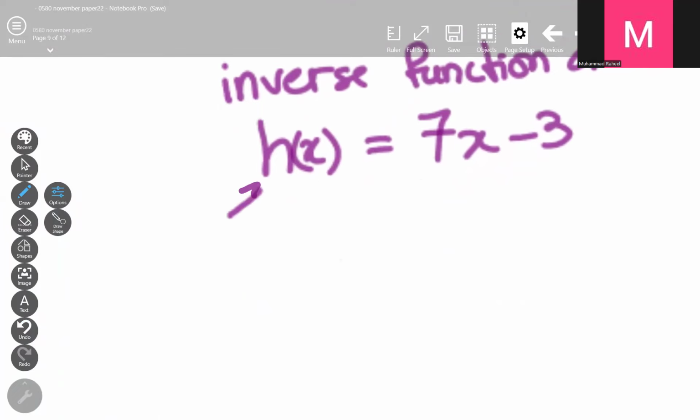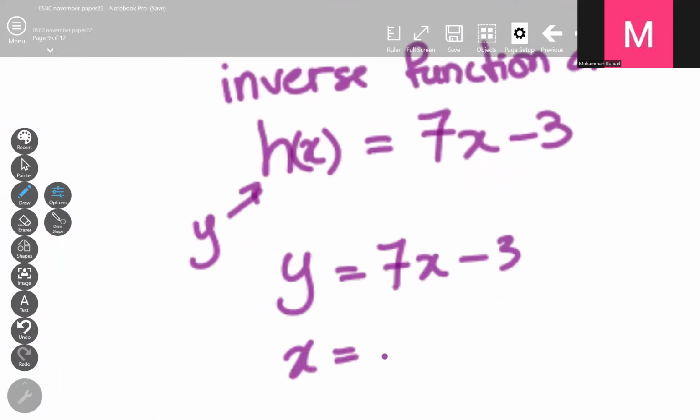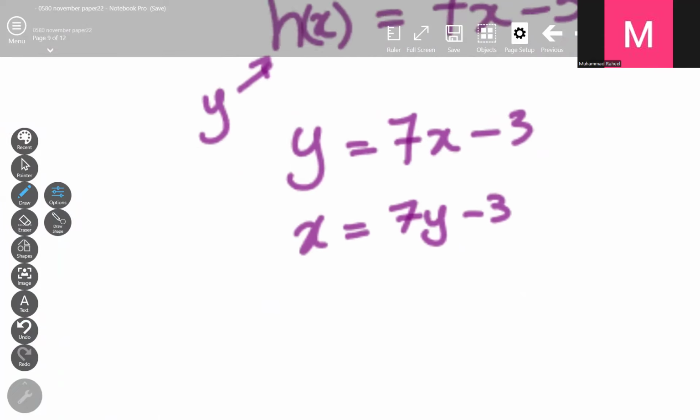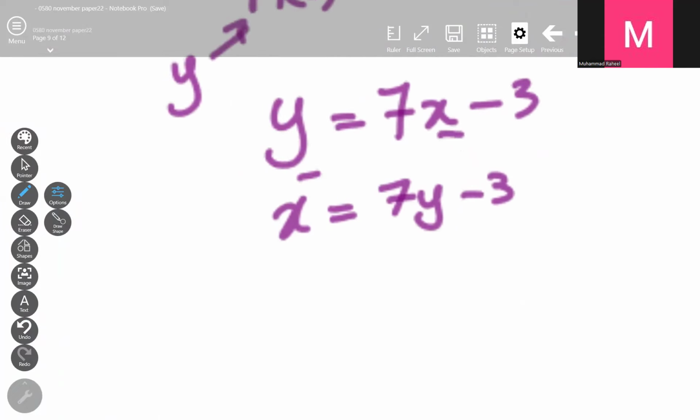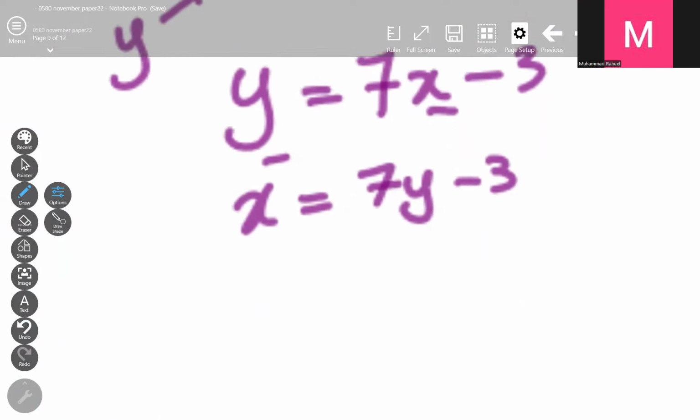That means we can swap this with y. So y is equal to 7x minus 3. So x is 7y minus 3. We swap the x and y here. And then now we need to solve for y.